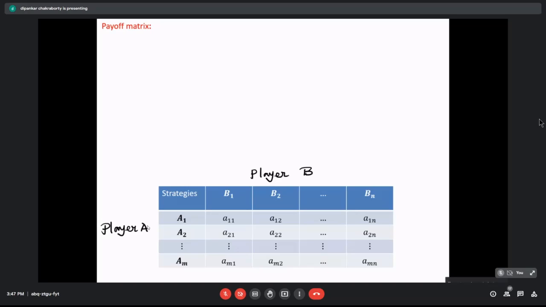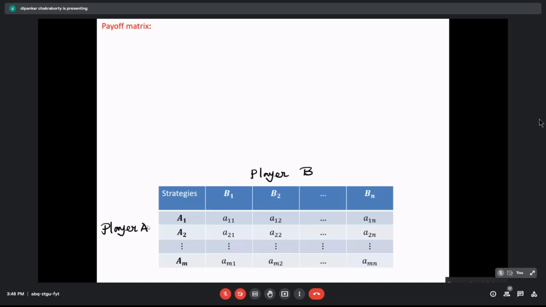That means A always tries to maximize his profit, and player B is always the minimizing player. That means player B always tries to minimize his loss. So when they play the game, accordingly A tries to maximize his gain, his profit, and player B tries to minimize his loss.